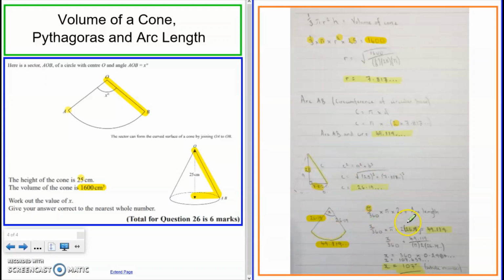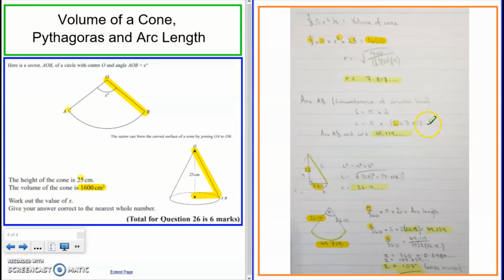If we substitute these values into this equation and solve for theta, or for angle x in this case, you can see I've manipulated the numbers around to find that x is 107.457 and so on. But the question asks me to give my answer correct to the nearest whole number. So I've rounded x to 107 degrees. And that is the final answer, which will allow me to achieve all 6 marks.